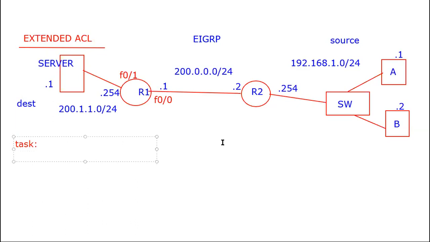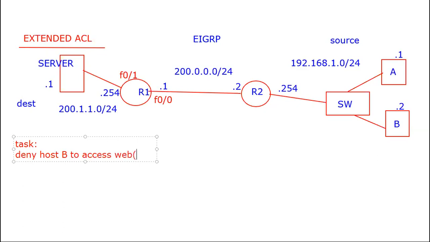So in extended ACL, what we are going to do is deny host B to access web.